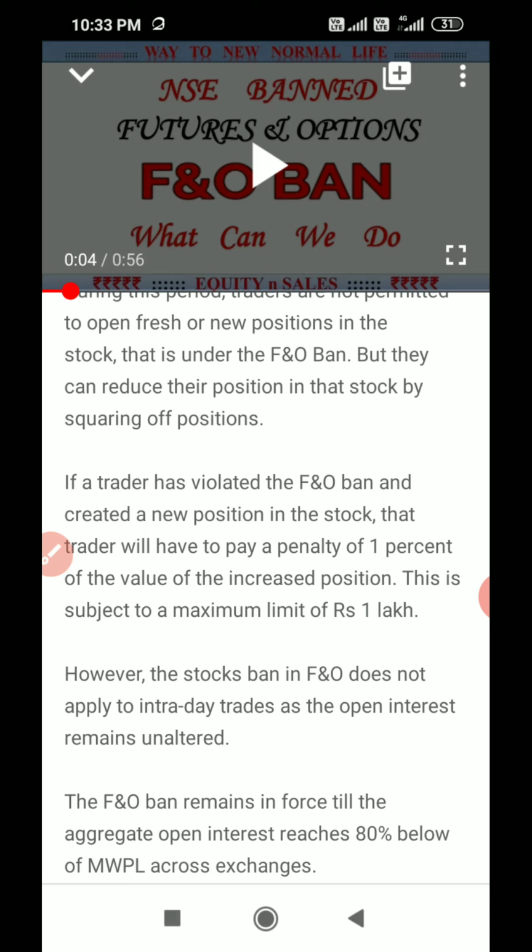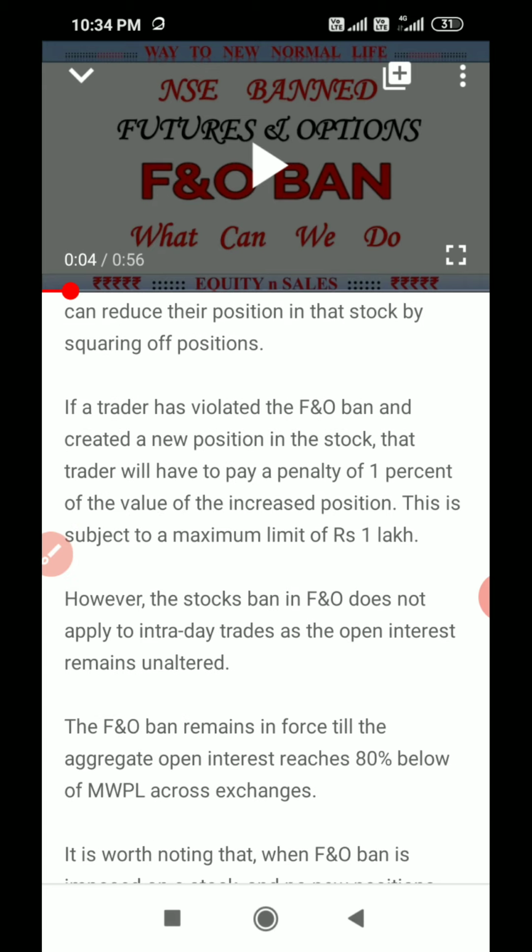Now I will explain how the ban will be removed. Once the ban is implemented, the market will only allow squaring off of the current positions. So people start to square off, and if the total open interest comes down to 80% of MWPL, then the market will remove the ban. Then again people can start to trade.